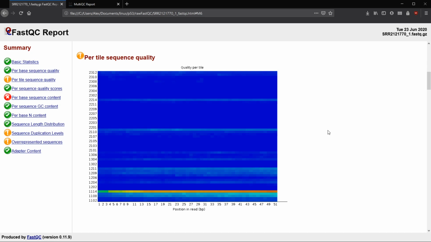A warning here comes when a particular tile, so a row, has a quality score more than 2 less than the average for that column. So here, I'm guessing this is where our sequence quality warning, the yellow exclamation mark, is going to be. So along here somewhere is probably the mark of where less than 2 of the average column comes into play.